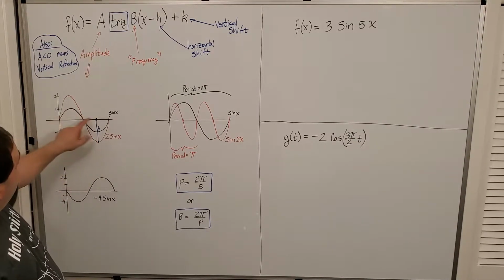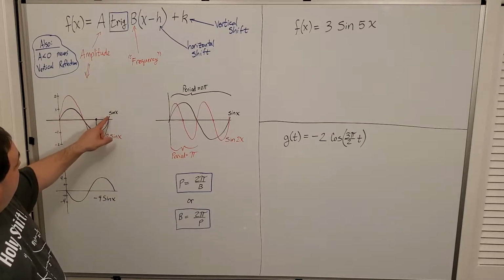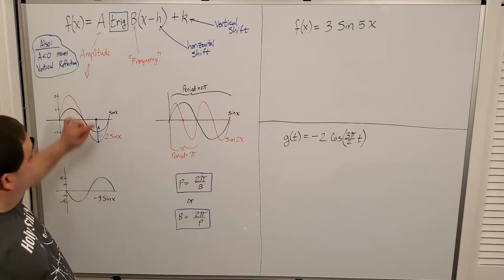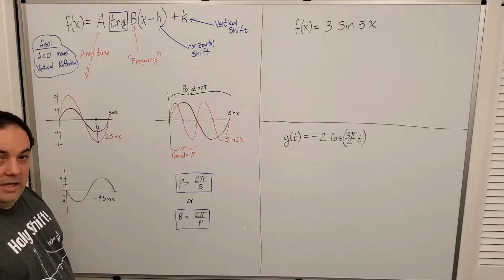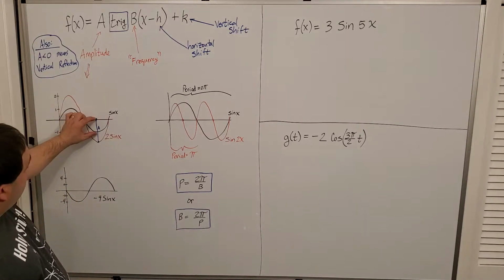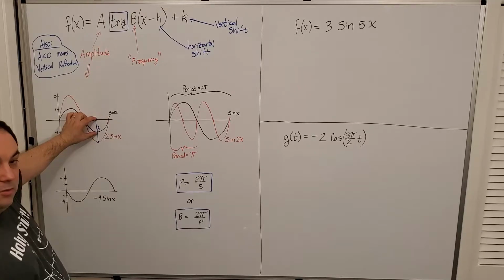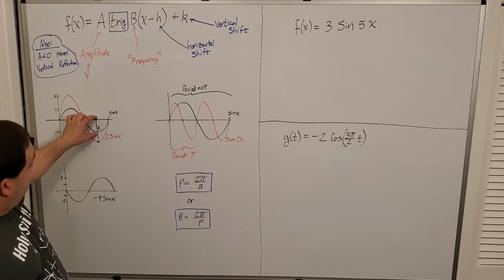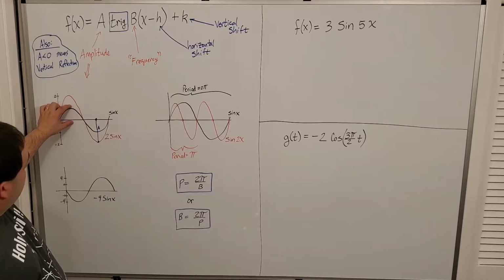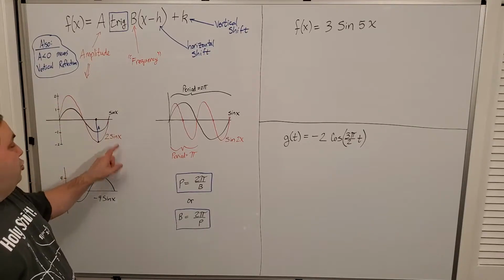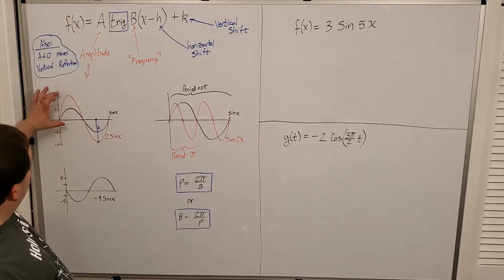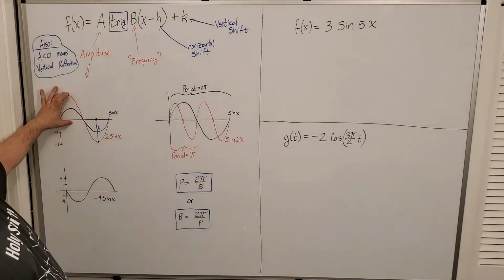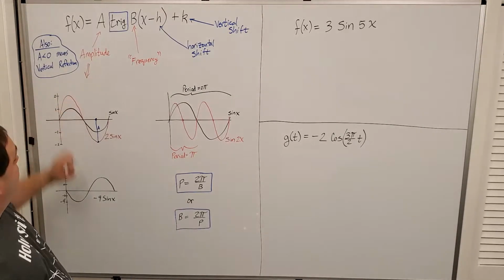So notice sine x, the shape we just got through talking about, has an amplitude of 1 because there's a 1 in front of the sine x there. And the distance from the center down to the bottom is -1 is the location, 1 is the distance. Same thing here, 1 is the distance. So if I do 2 times sine x, the distance is from 0 to 2, right? Amplitude is 2, the distance is 2.